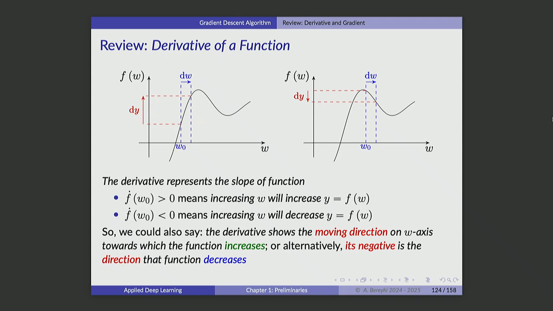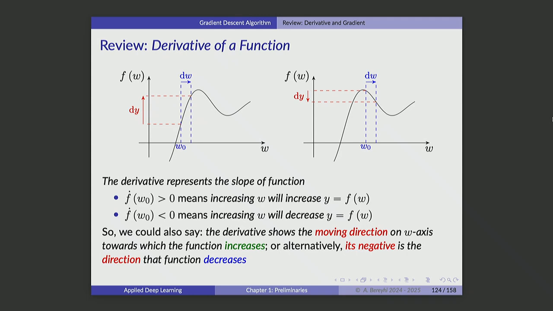So, for example, here in the first one, I want to decrease the function. Then at this particular point, I know that the derivative is positive. This means that this direction is the direction where the function is increasing. So I'm going to move in the negative direction, right? But at the other point, the gradient is negative. So negative is the direction that the function increases.